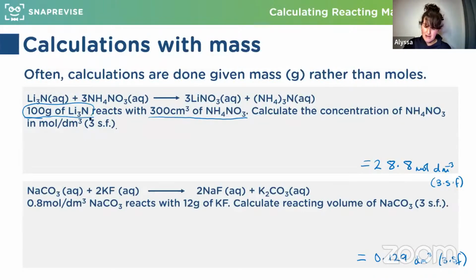If you've got a mass of a given formula, you can work out the moles, because moles equals mass over MR. Yes, I didn't believe myself then. And you can work out the MR because you've been given the formula. So that's always a good thing to look out for. If you're given a mass of a named thing, then you can work out the moles. Exactly. And then look at your reacting ratio. Well done. Exactly. And then go from there.